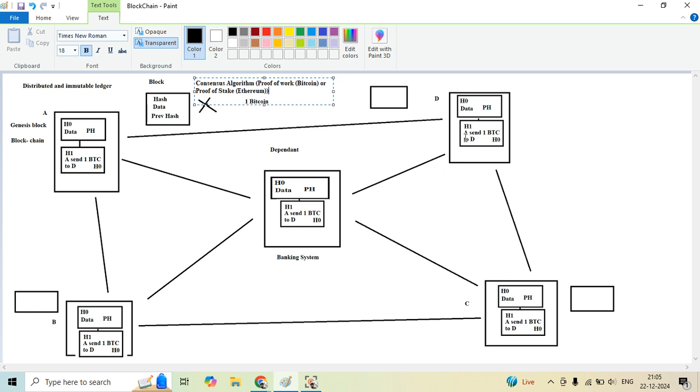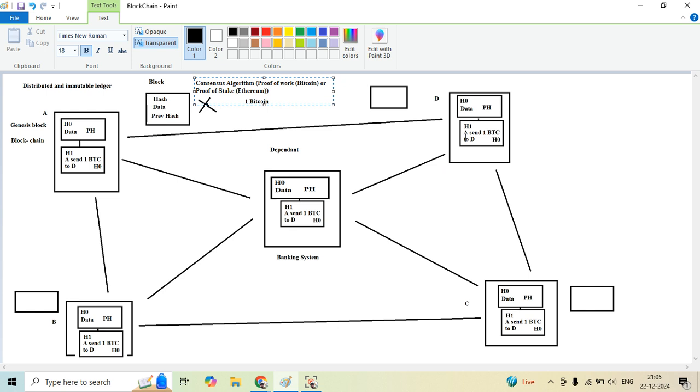So Ethereum has never ever crashed, because if any one of the systems crashes, it is a distributed system and all the others will remain there. It is more trustworthy because there is no central authority involved, and the transaction prices are not that high, because no centralized authority will charge you.